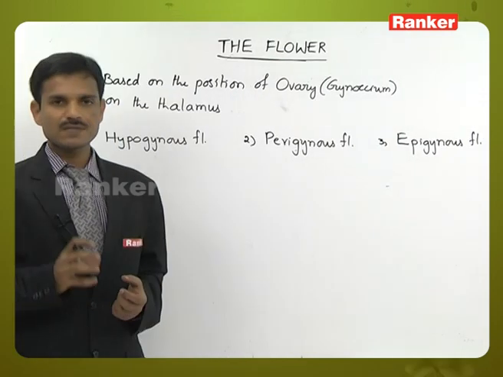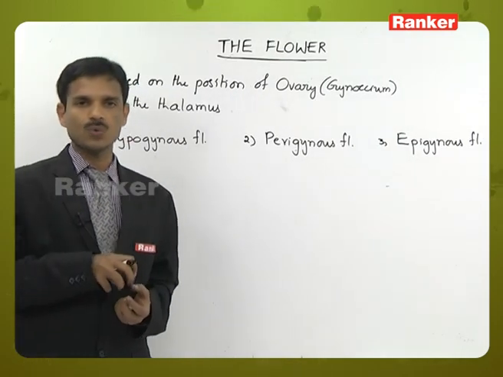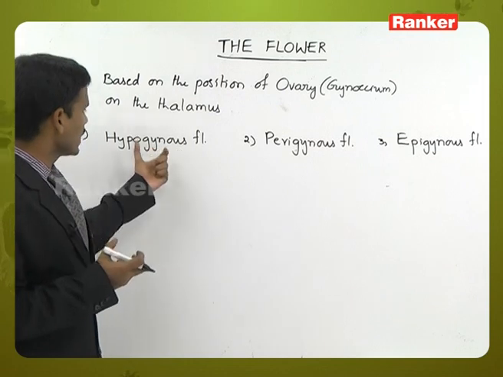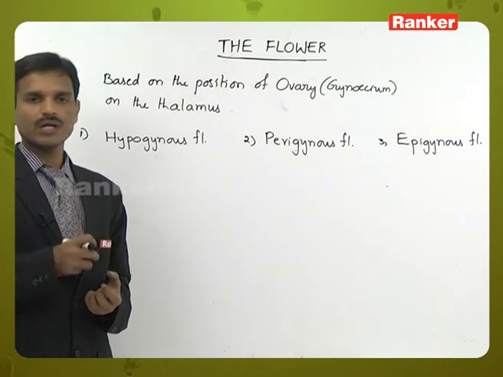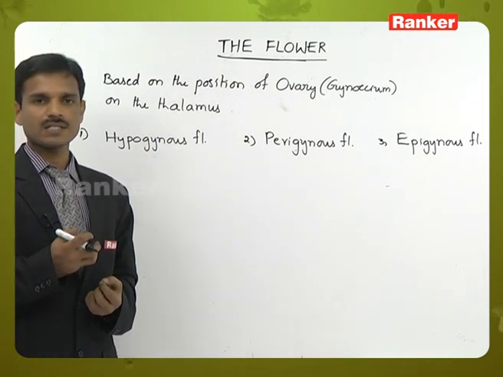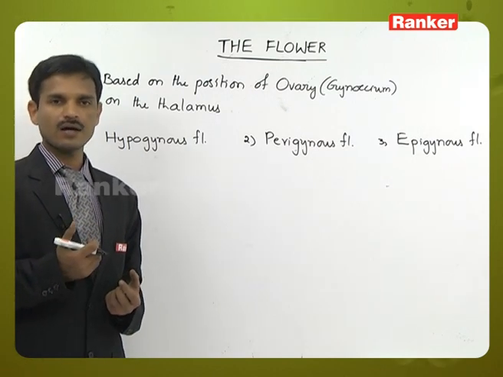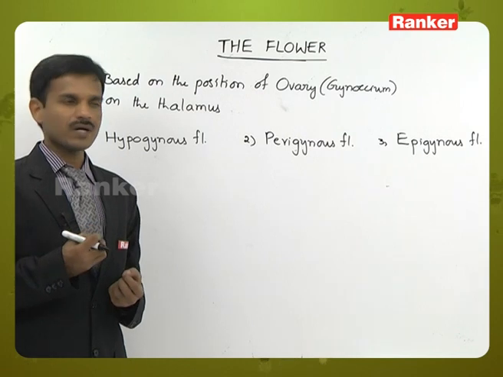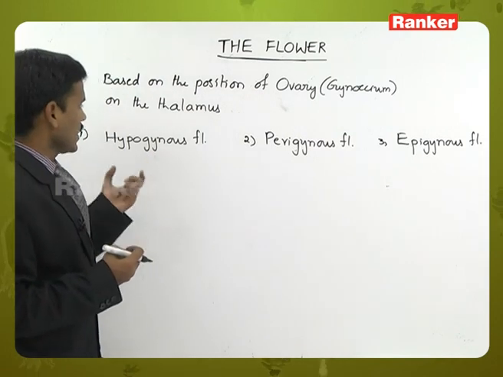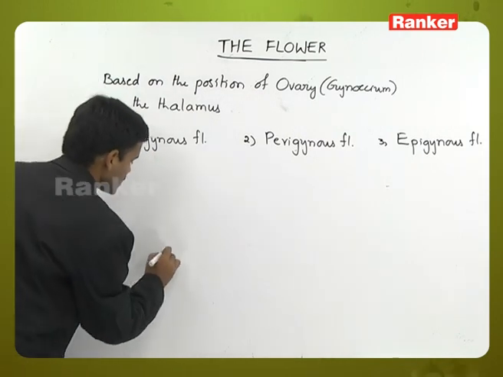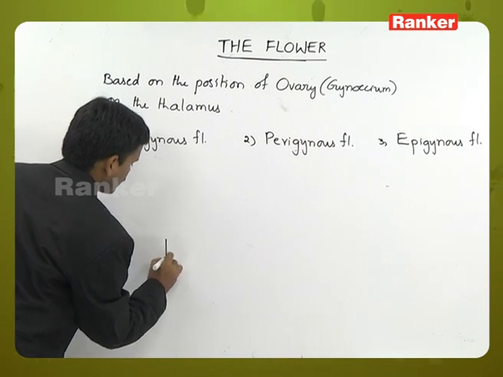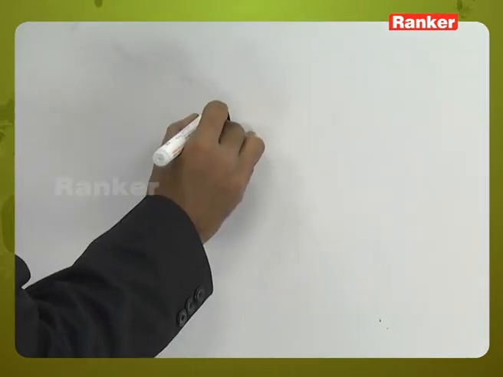Okay, hypogynous flower. Hypo means below. Here gynous means gynoecium. So below the gynoecium, the remaining floral parts, calyx, corolla, androecium, arise from below the gynoecium. Here it is the thalamus.